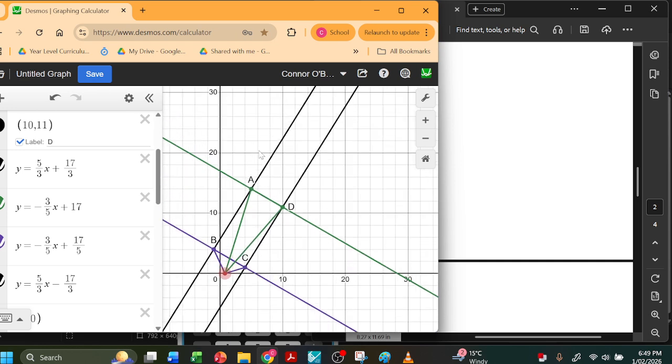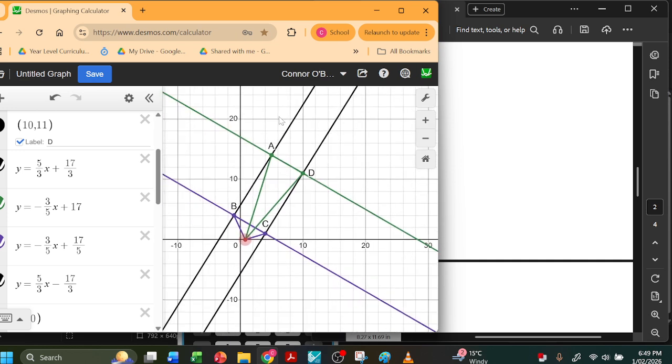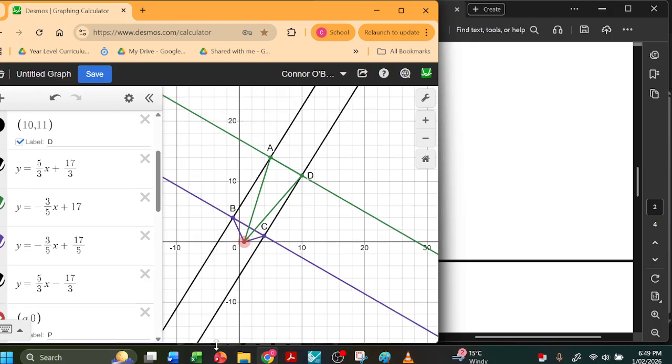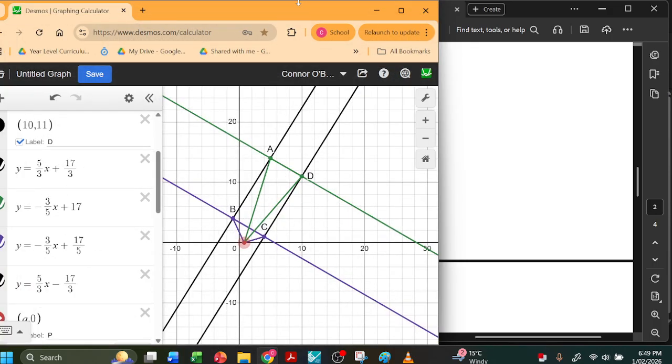What we can realize is that we now know the ratio between those two sides is a 5:1 ratio, which is to say that the distance between the green and the purple lines is going to be 4 times the distance from that purple line to that red point P. So that's a 4:1 ratio.